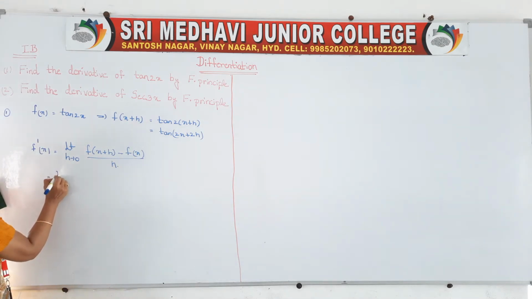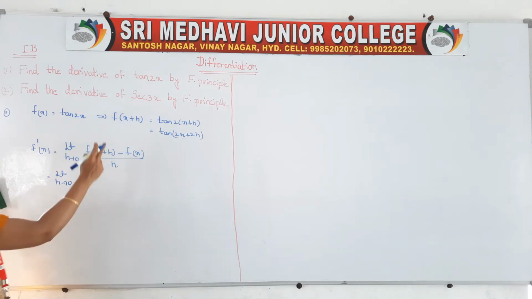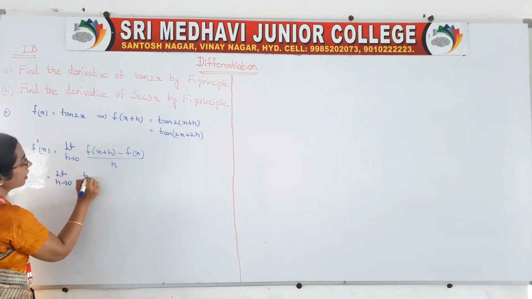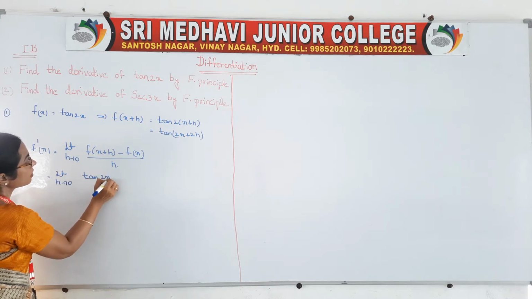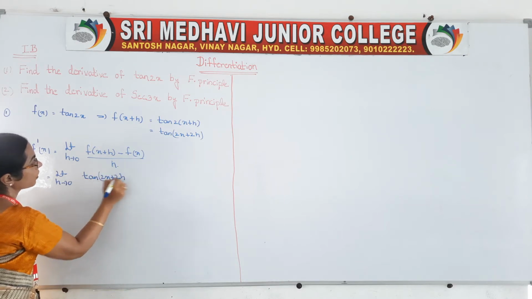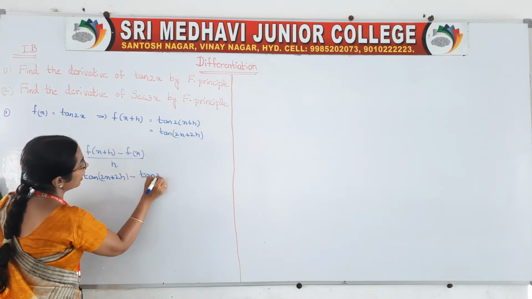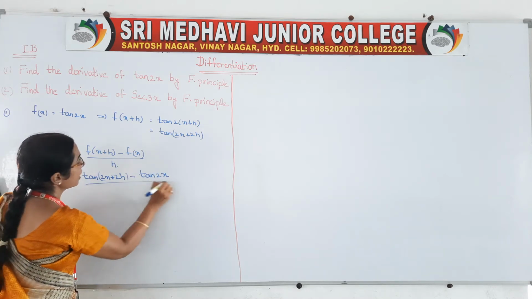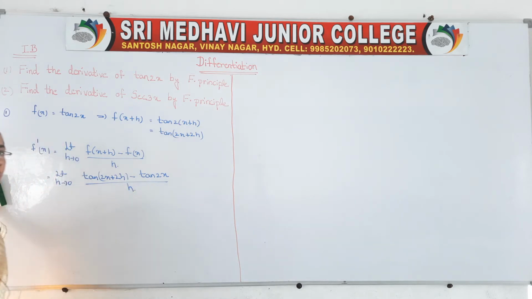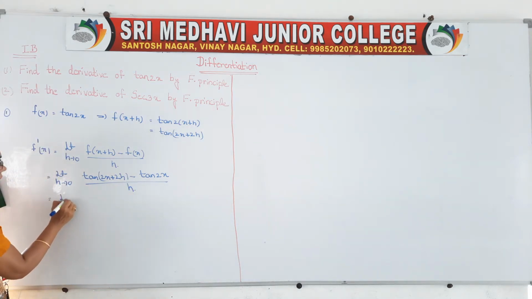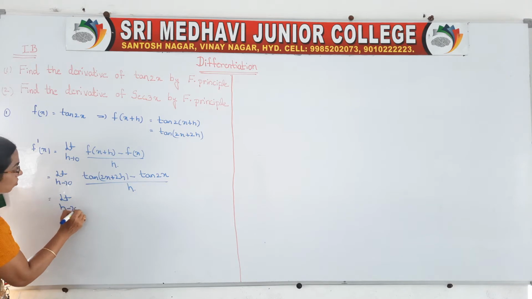So f dash x is equal to limit h tends to 0 of tan(2x plus 2h) minus tan 2x, by h. Okay, so is equal to limit h tends to 0.